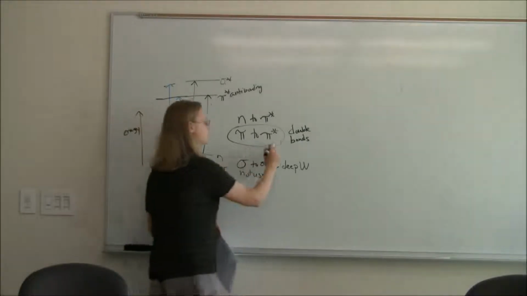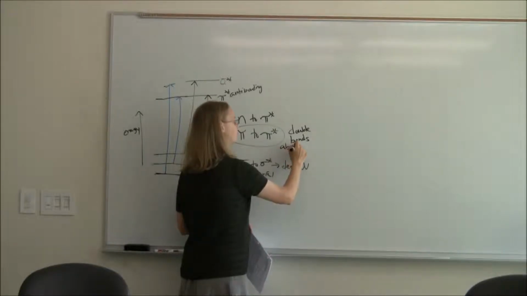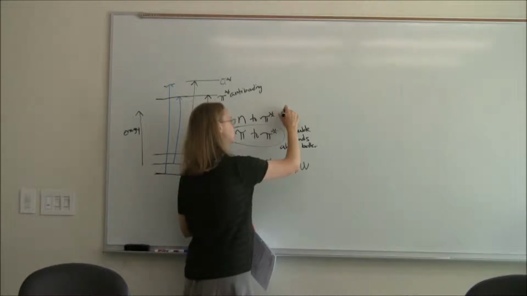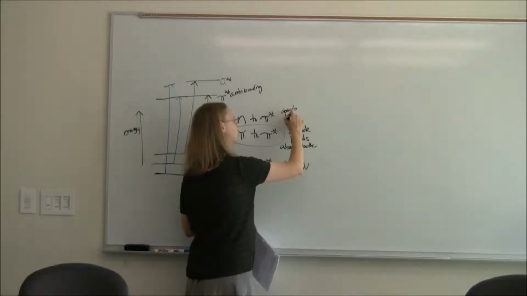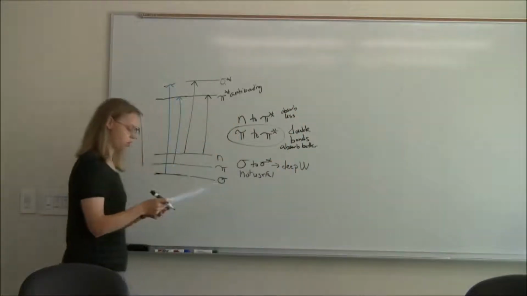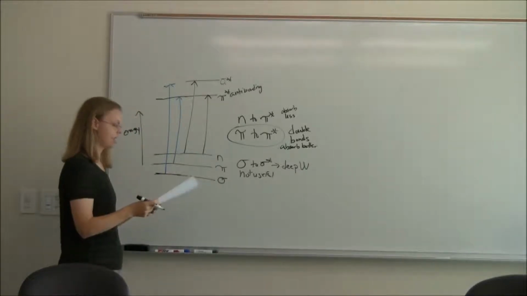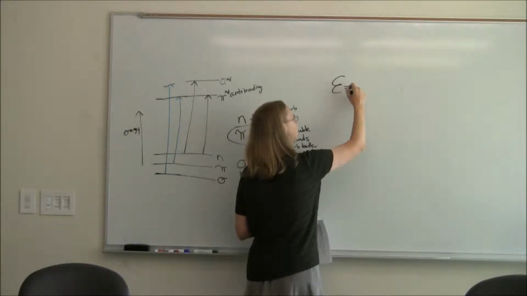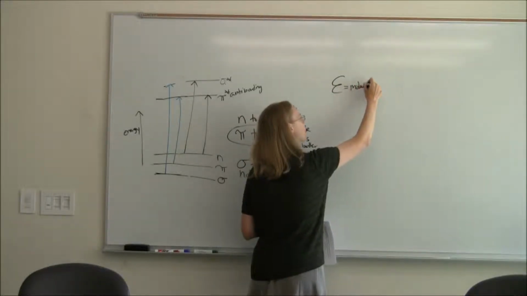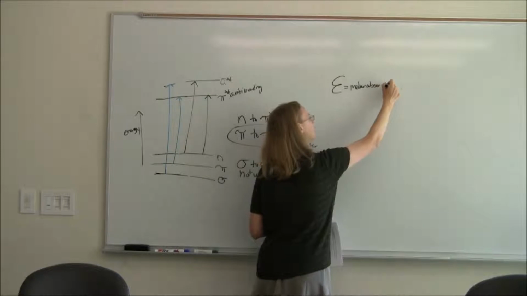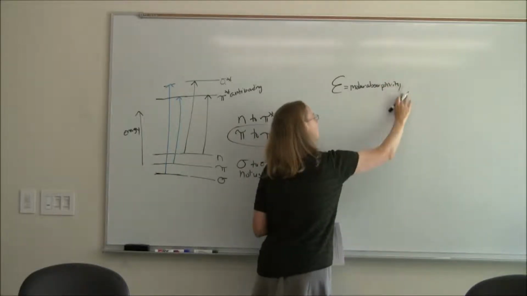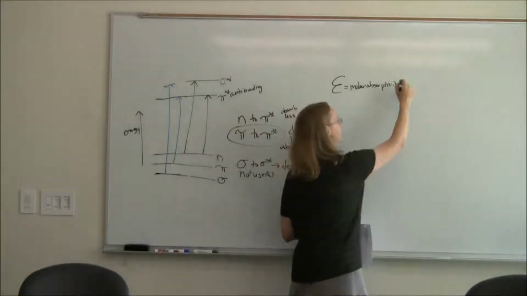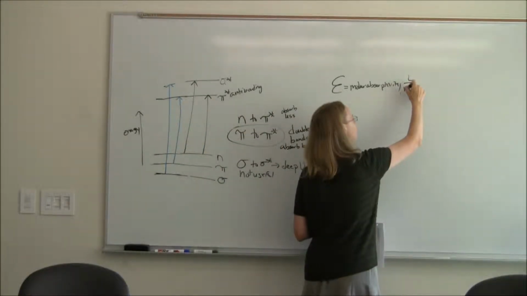These ones just tend to absorb better, but if you have n to pi star, they will absorb. They just absorb less. And so what is that absorption thing? We call this epsilon, molar absorptivity. And so molar absorptivity is usually in this funky unit of liters per mole centimeter.